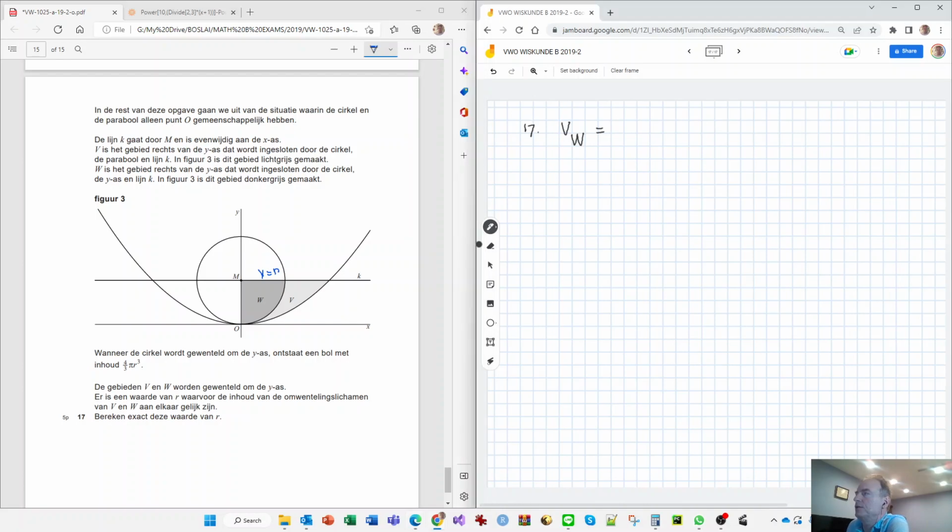Alright, so this is simply 1/2 times the volume of the whole sphere. And this is 4/6, which is 2/3 pi r cubed.